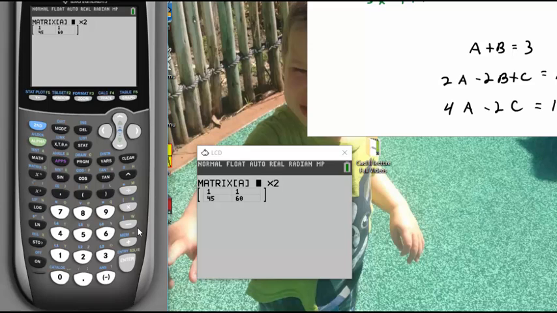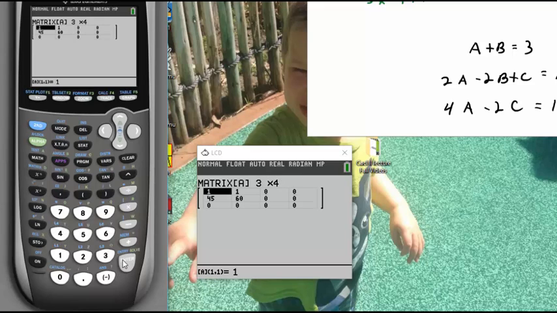If you think about it, you're going to have a column for the a's, a column for the b's, a column for the c's, and a column for the constants, including that 3 right there. I just don't have it lined up. So that would be 3 equations, which means 3 rows by 4 columns. So 3 by 4.